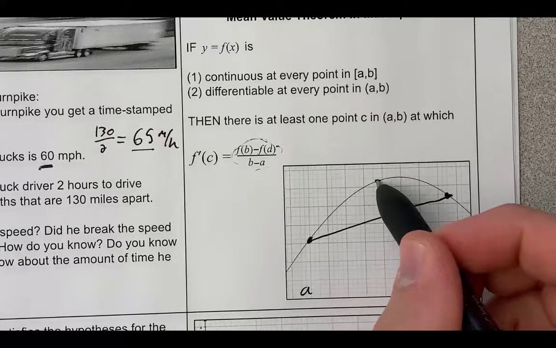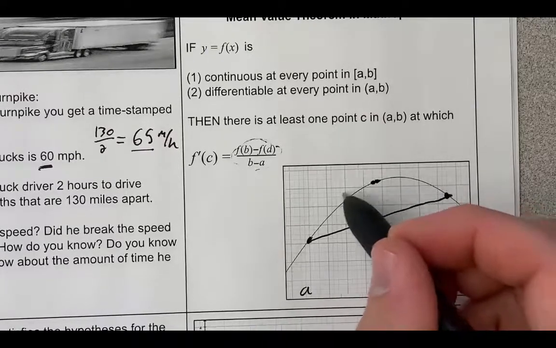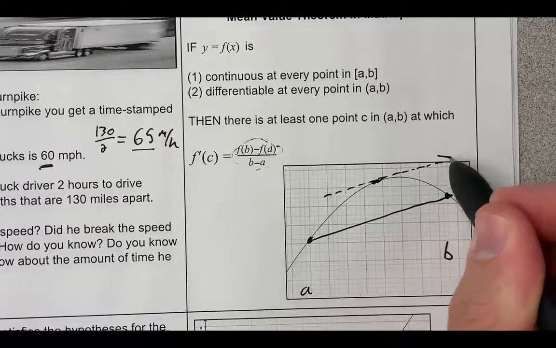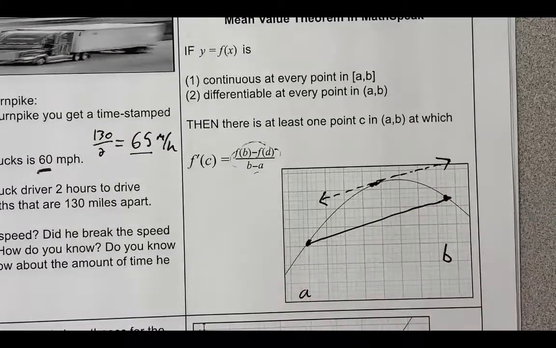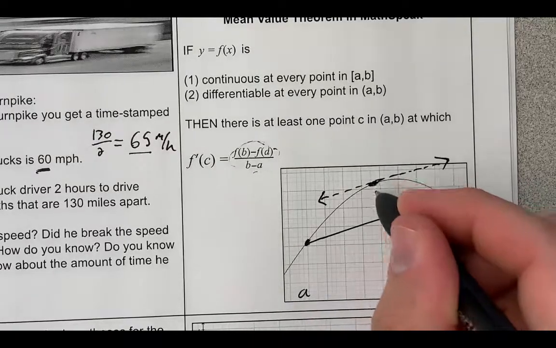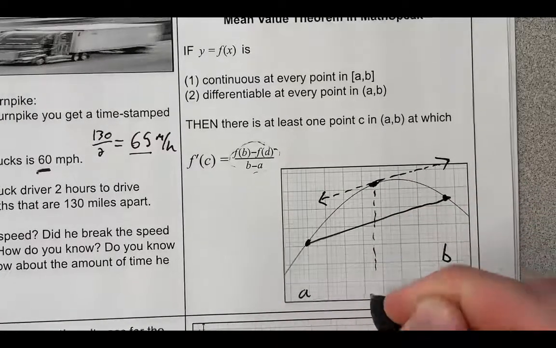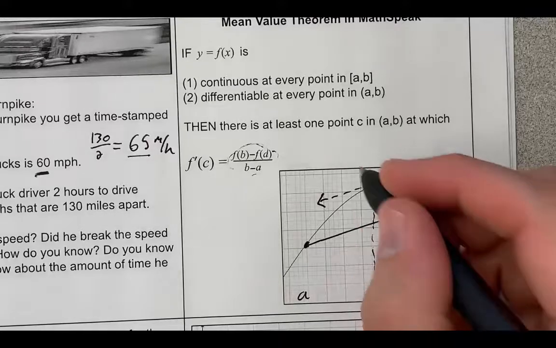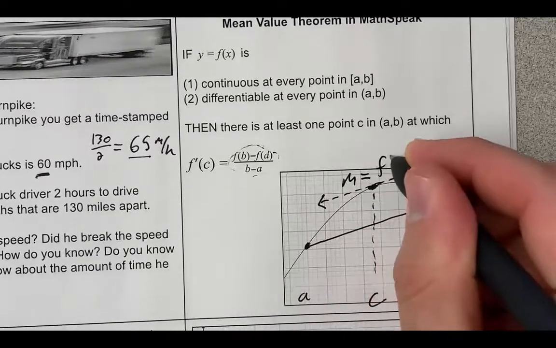So I don't know, maybe it's right here. Hard to tell, but it's somewhere in there. Okay, so we have a tangent line with the same slope as the secant line. And that point, we're going to call point c, where this slope is m equals f prime of c.